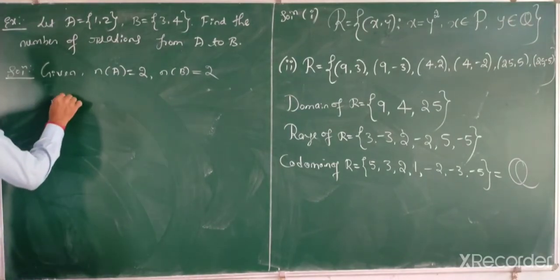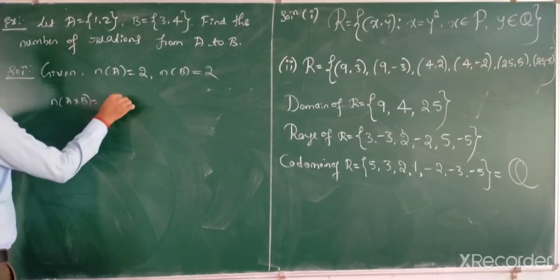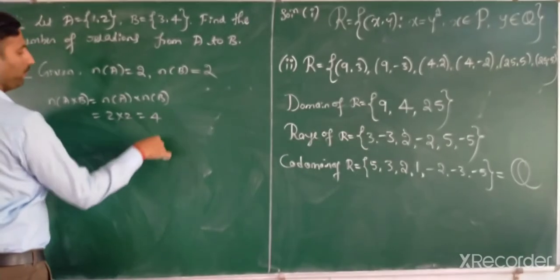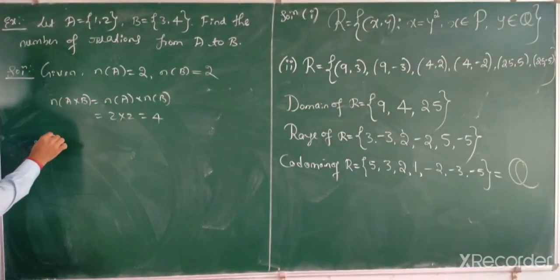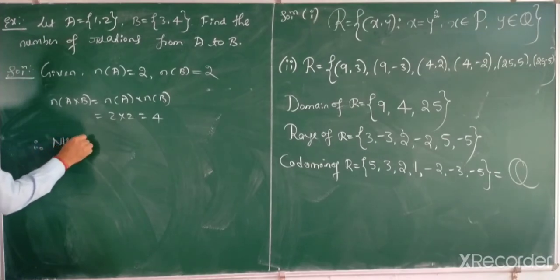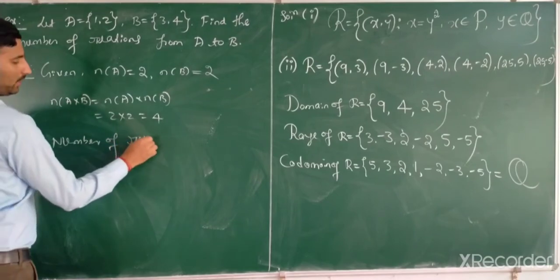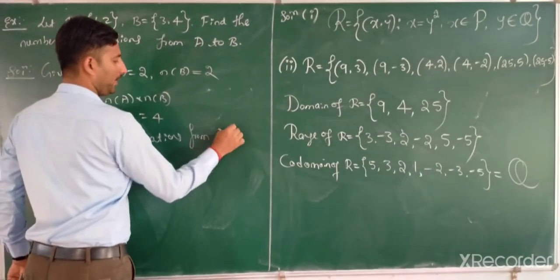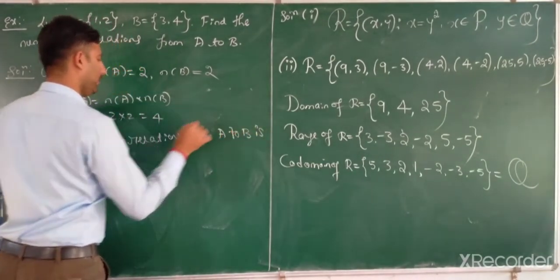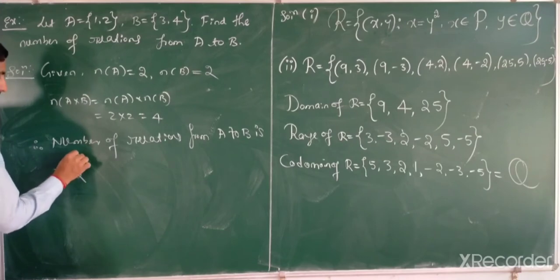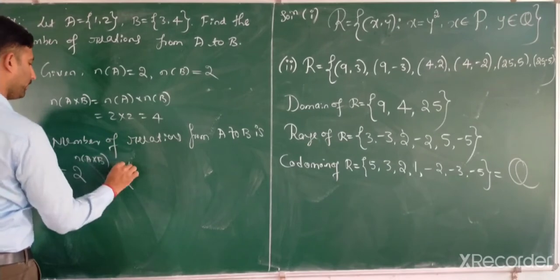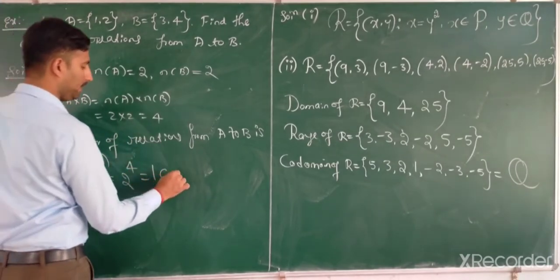We know n of A cross B is nothing but n of A into n of B, which is 2 into 2, which is 4. Therefore, number of relations from A to B is equal to 2 to the power n of A cross B, which is 2 to the power 4, which is 16 relations.